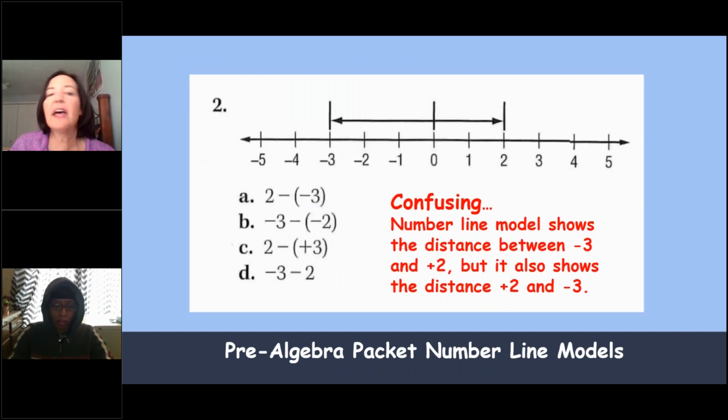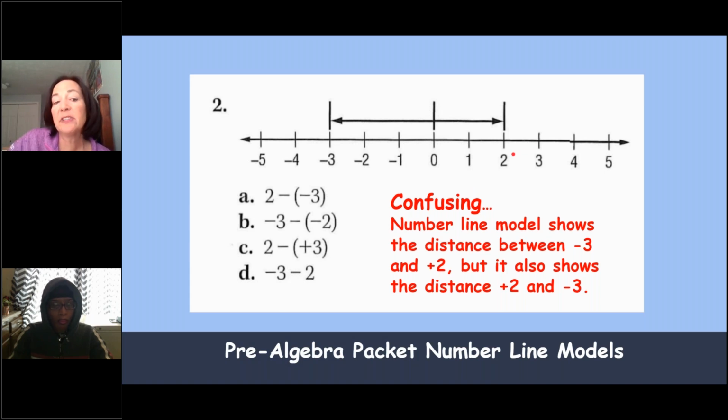Again, this was just another confusing example from the packet. They give you this number line model, and you're supposed to say which of these problems it represents. Because it could actually represent 2 problems, a lot of my students have been confused.